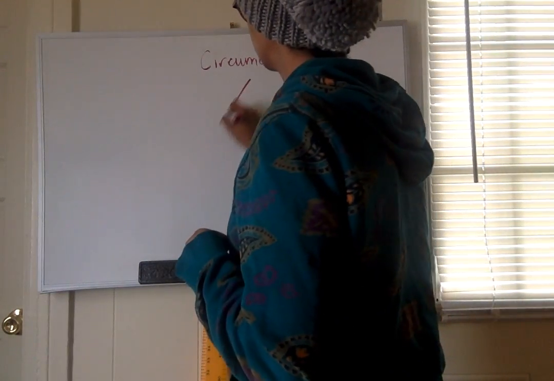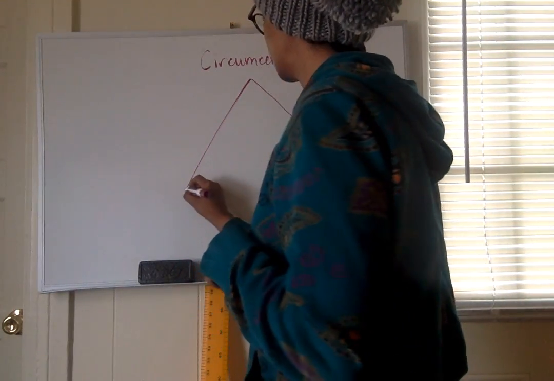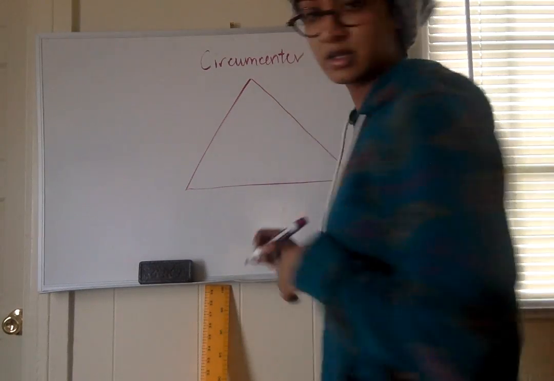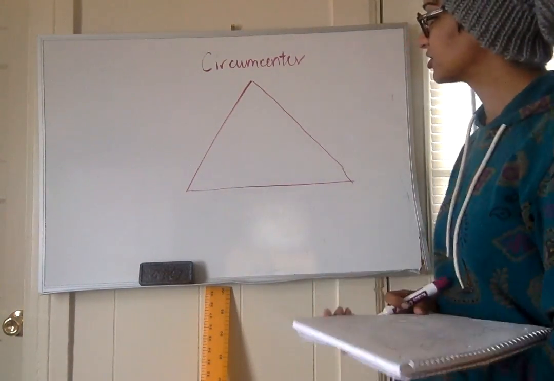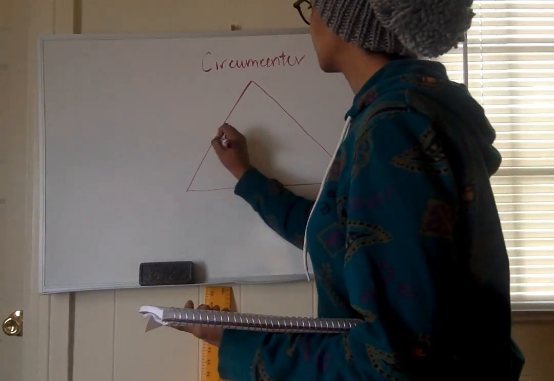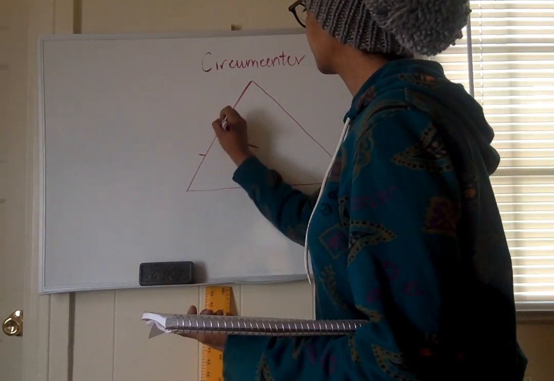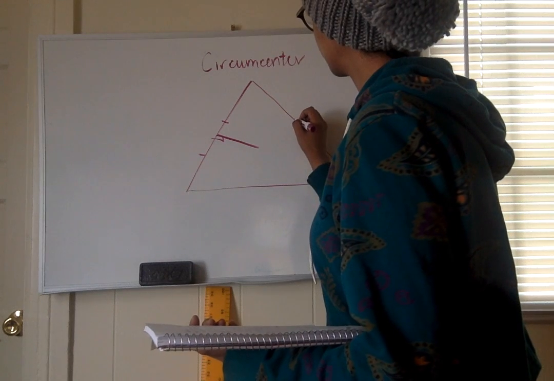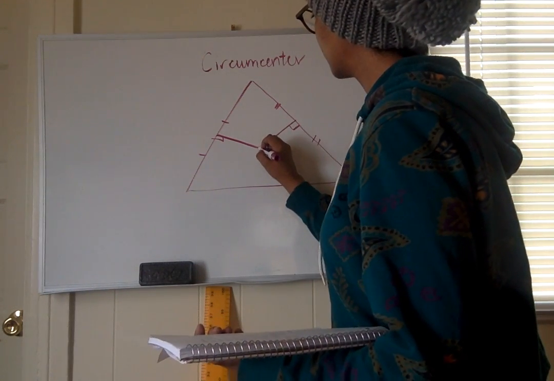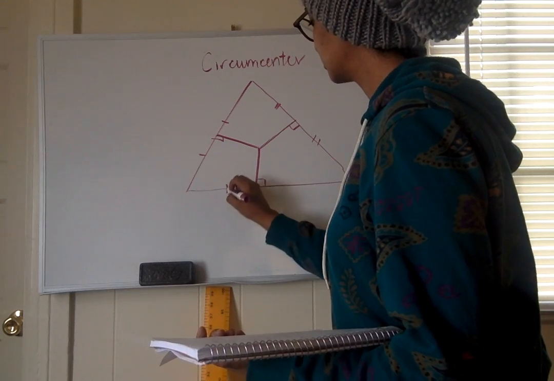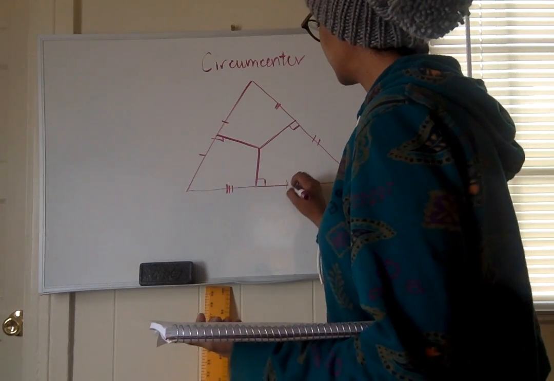Okay, so let's do that. If I have a triangle, I'll just draw out what it should look like. Here's my perpendicular bisector. Here's another perpendicular bisector, and here's my last perpendicular bisector.